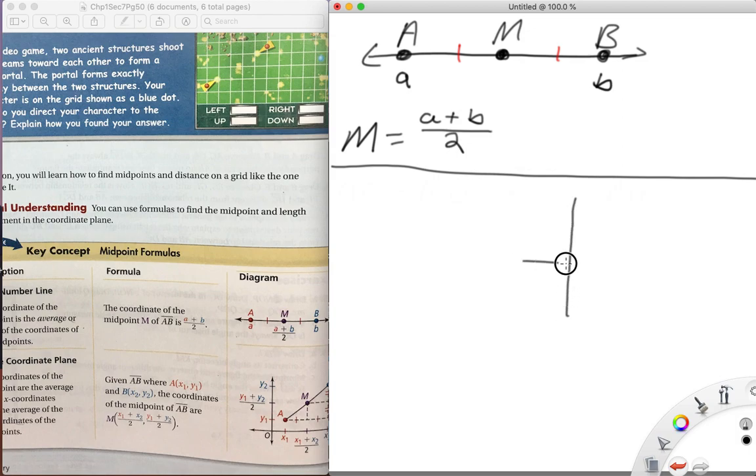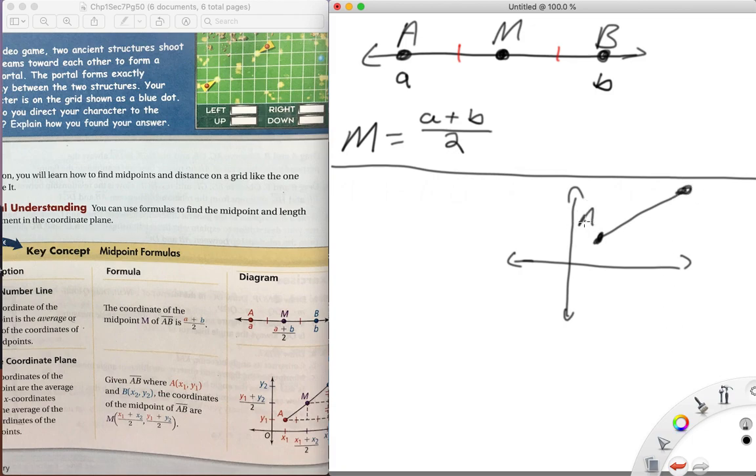So we have it on a coordinate plane. I think of a coordinate plane as 2 number lines superimposed on top of each other. So now we have a different situation.